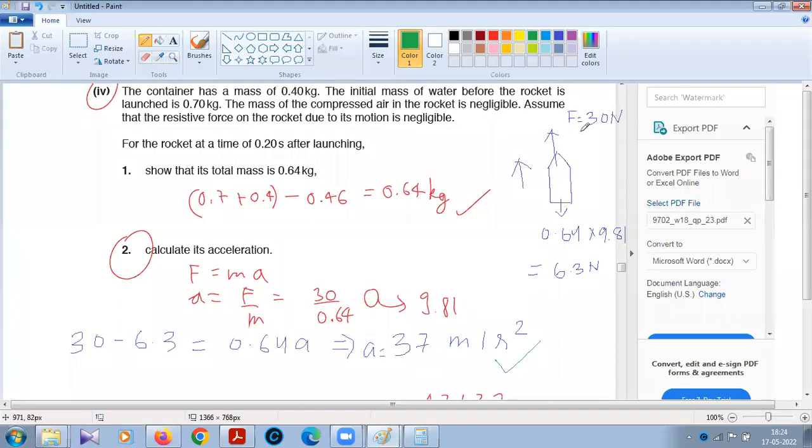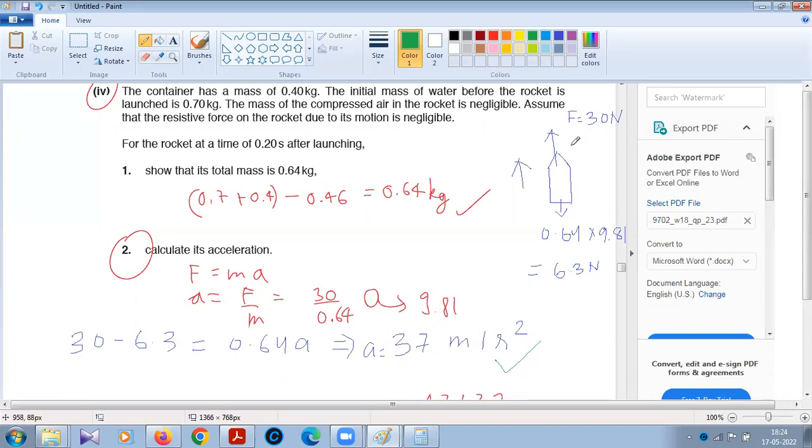Okay. So the upward force is 30 Newton, but the weight is also acting in the downward direction. So the weight we can find by m into g. Which forces are acting right now? The weight and this lift force, 30 Newton. Yes.